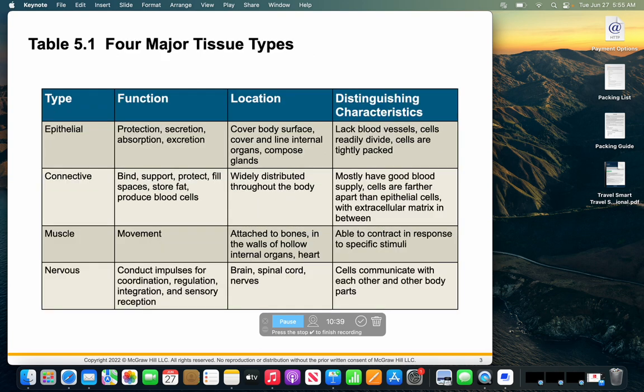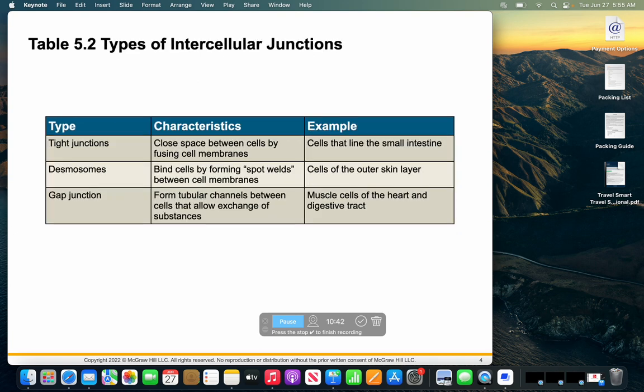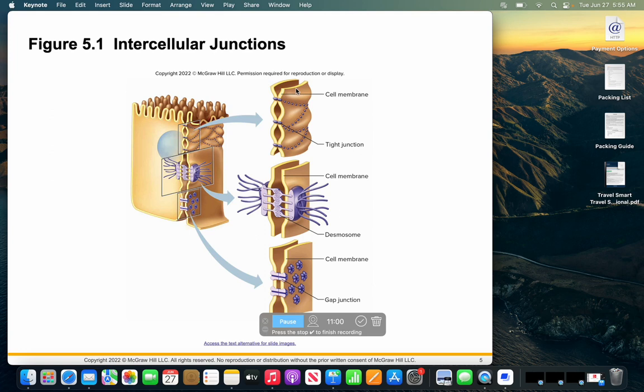We also looked at types of intercellular junctions. Remember the tight junctions that fuse the cell membranes, desmosomes that have little tiny buttons that connect them, and then gap junctions that are actually channels between cells. And so we see them here. This is the tight junction where it's really sealed the whole way through.